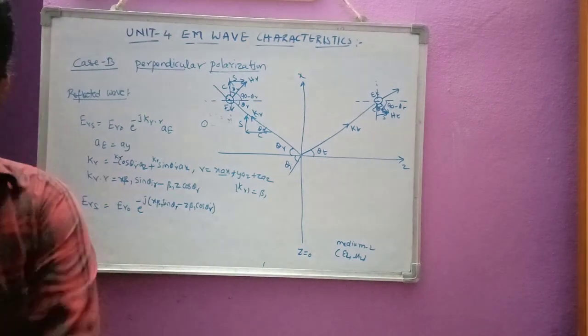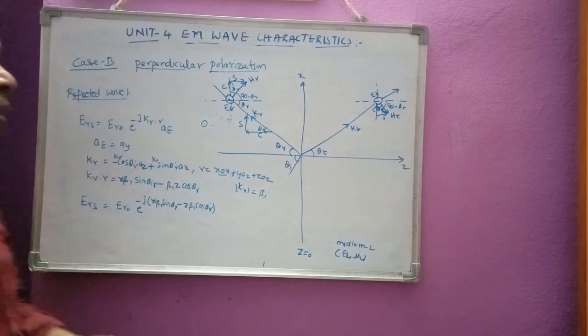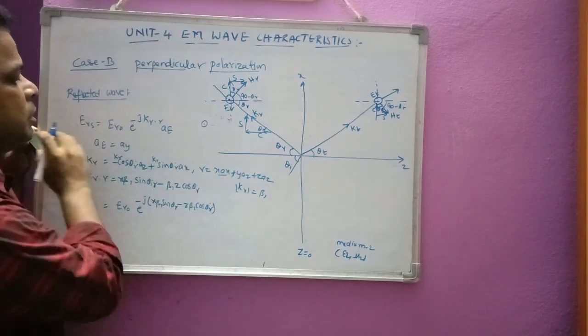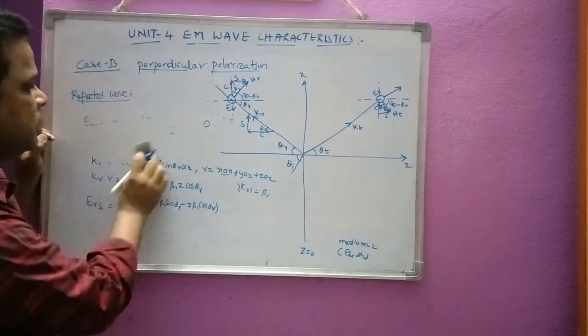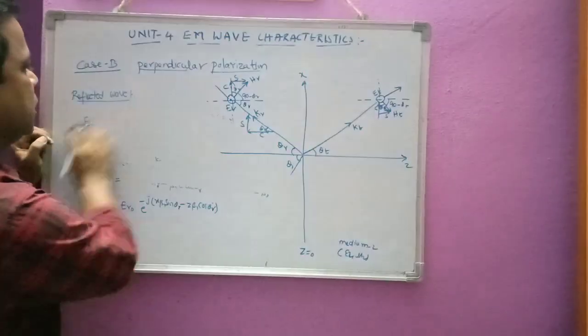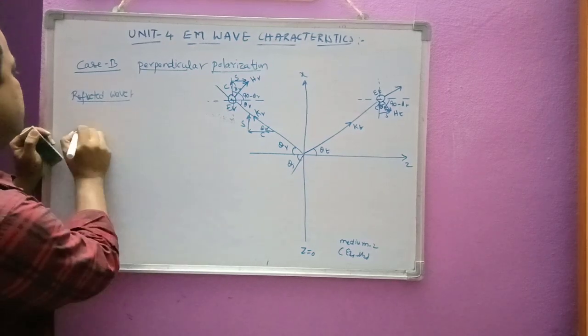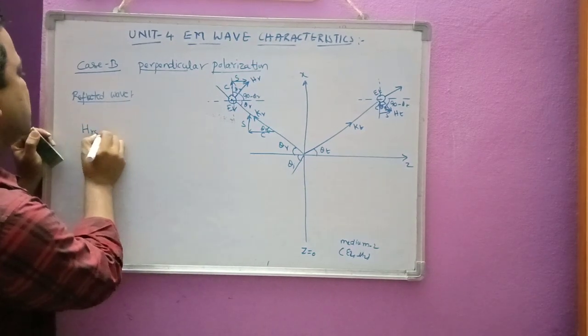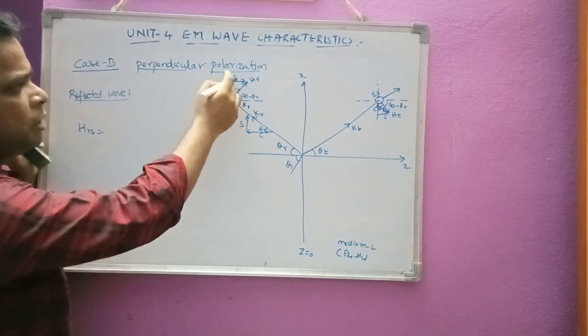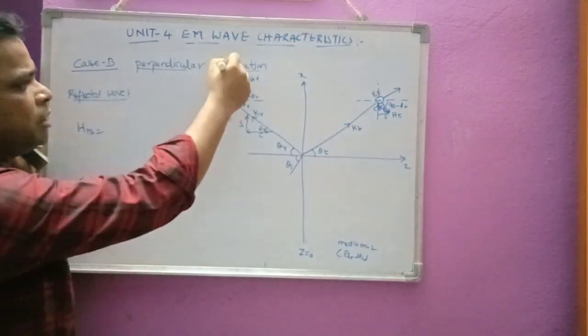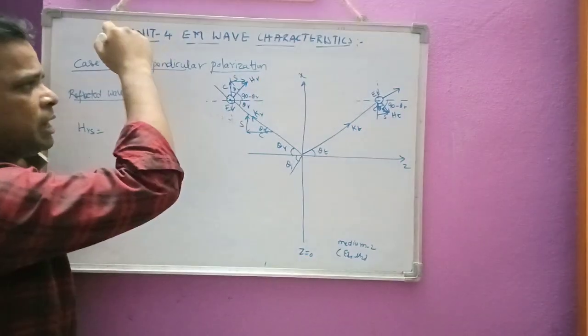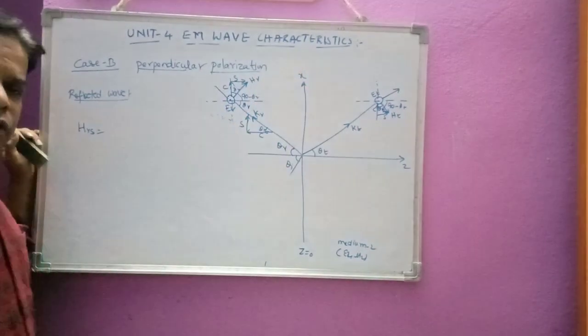Similarly I have to get the equation for the magnetic field for this diagram here. Now I will erase and I will write the equation for the magnetic field here. Now magnetic field HRS, I have to write the equation for HRS. Now the HR naught is resolved into two components, that is cosine component is along the positive x direction and the sine component is along the positive z direction here.